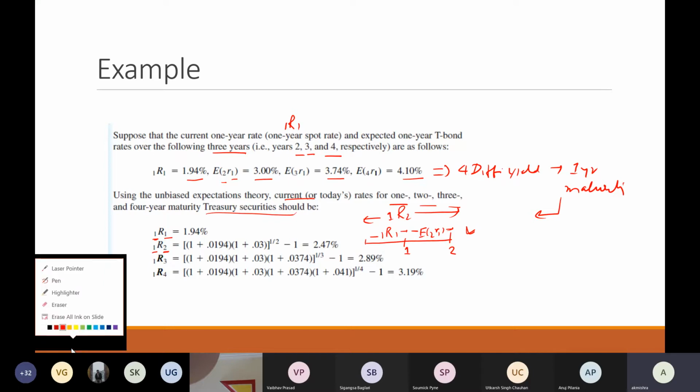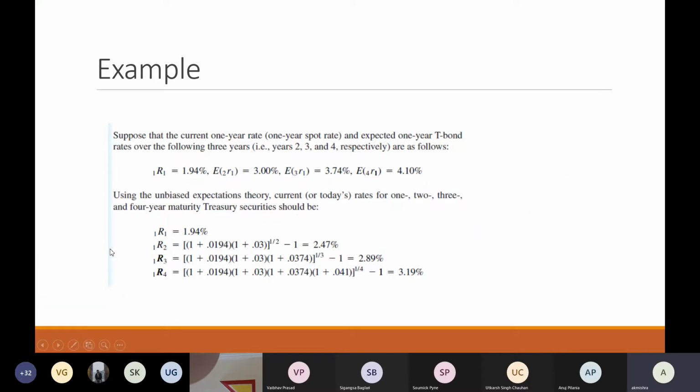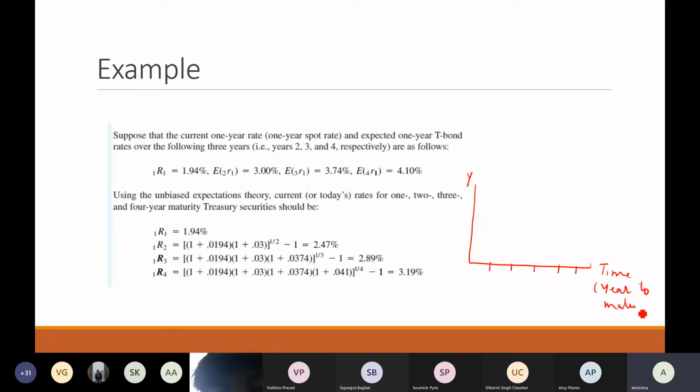And in this way, if you remember when we plot the yield curve, for the yield curve we need the yield, and we need different maturity instruments. So here you have time, or you can call it years to maturity. So what we need basically is these.